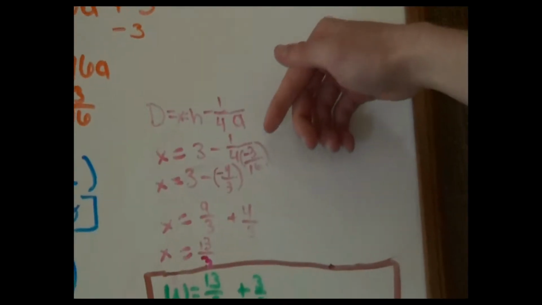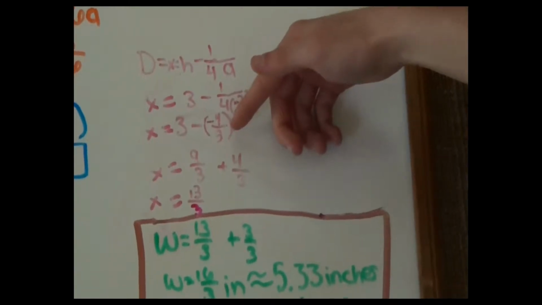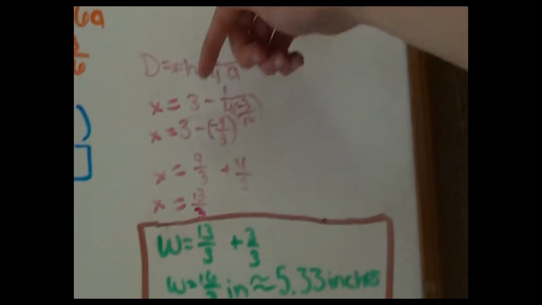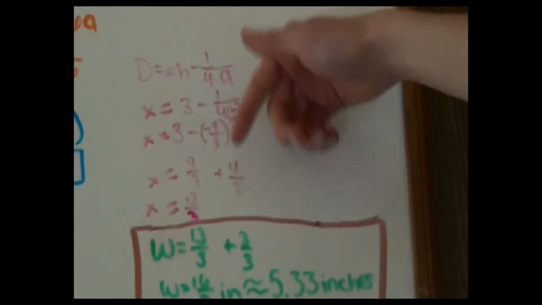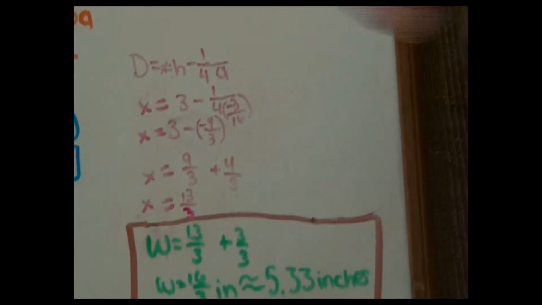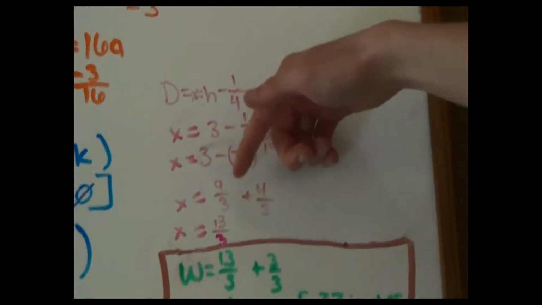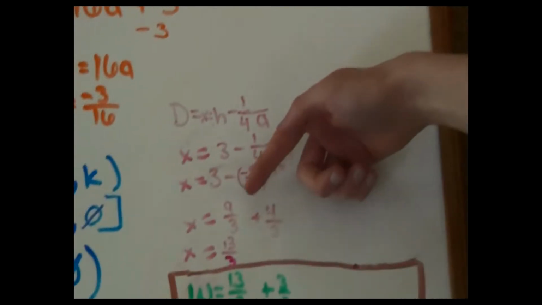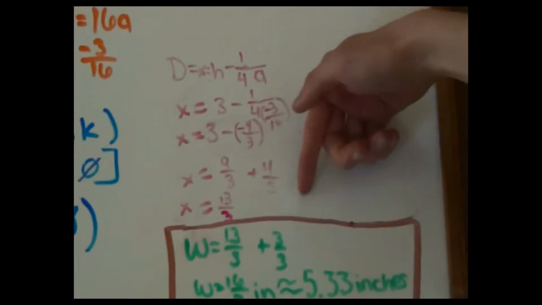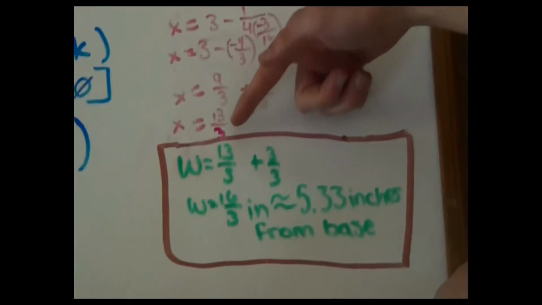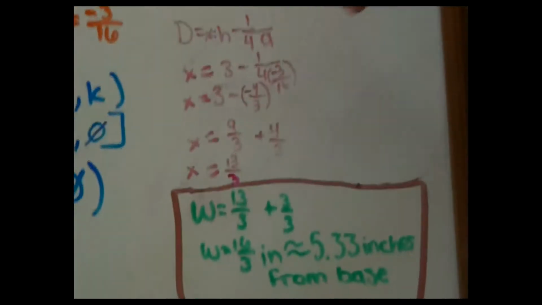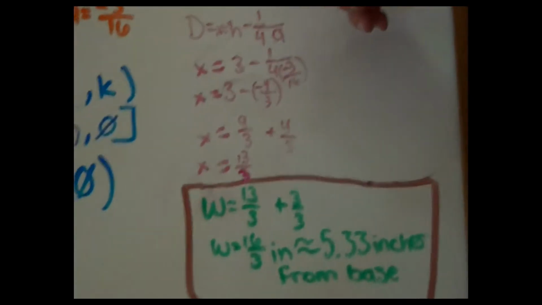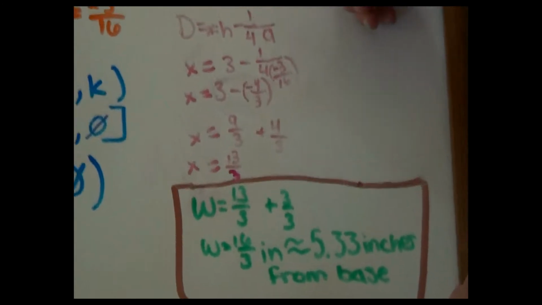That simplifies to -4 divided by 3. It's 3 minus a negative, so that turns into a positive. With a common denominator for the 3 again, that's 9 divided by 3 plus 4 divided by 3, so it's 13 divided by 3 for the directrix. You can graph that right here, and it's a line because it's x equals.